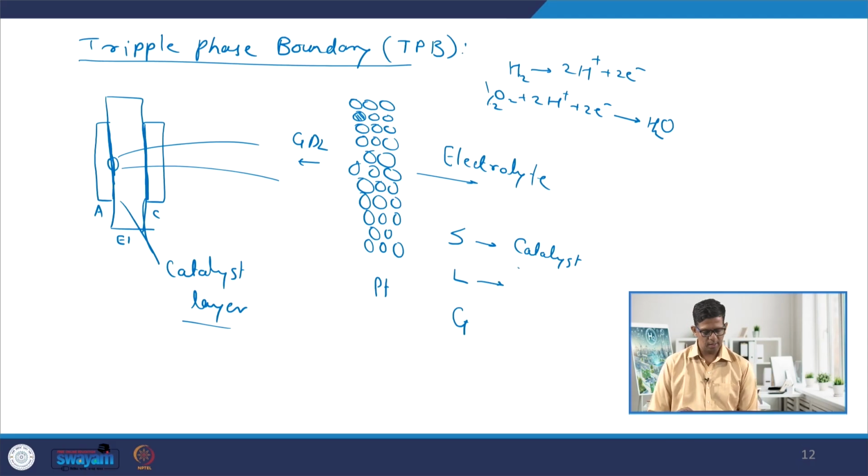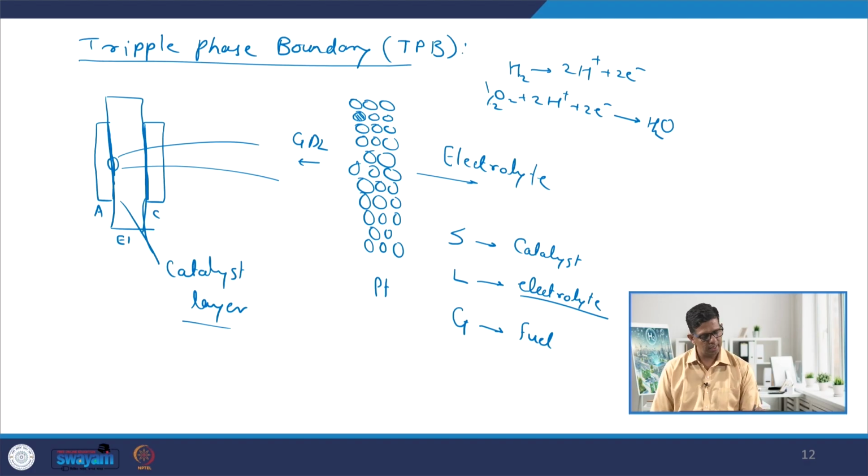Liquid, in other words, is the electrolyte, and electrolyte can be, as we have seen earlier, liquid electrolyte, or it can be solid electrolyte as well. And the third and very last, but important, phase is the gas, which in other words means the fuel has to be present at that particular location.